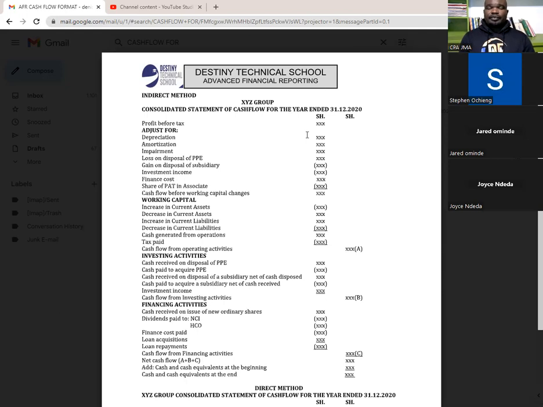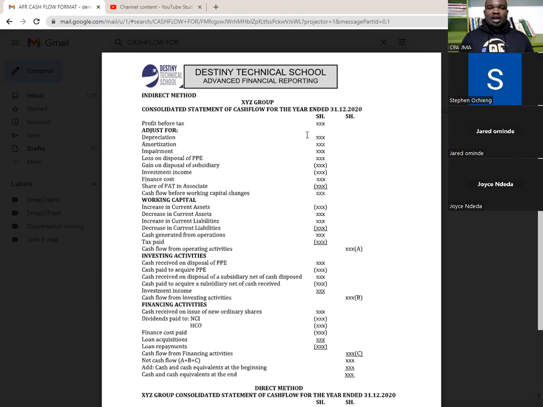Cash flow will show the cash generated from operations, from investing, and also from financing activities. So when you check, the format of cash flow is divided into mainly those three.